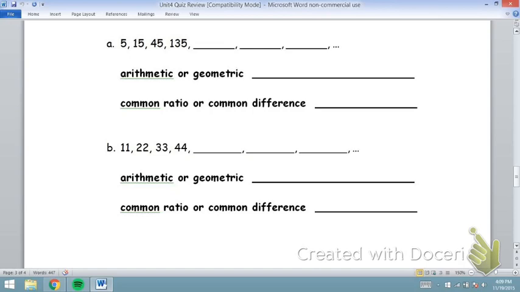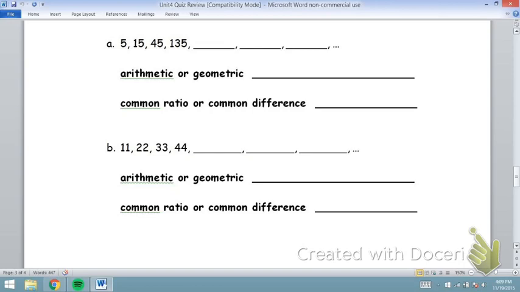The only other way to get from 5 to 15 is multiplying by 3. And if we do 15 times 3, we do get, in fact, 45. And if we do 45 times 3, we do get 135. So we are indeed multiplying each term by 3.